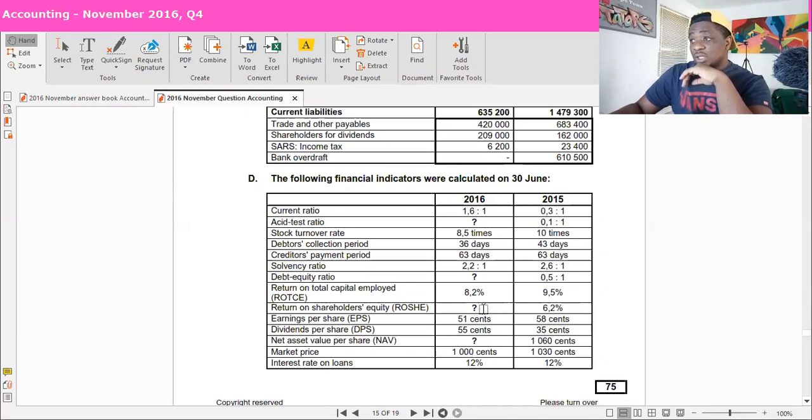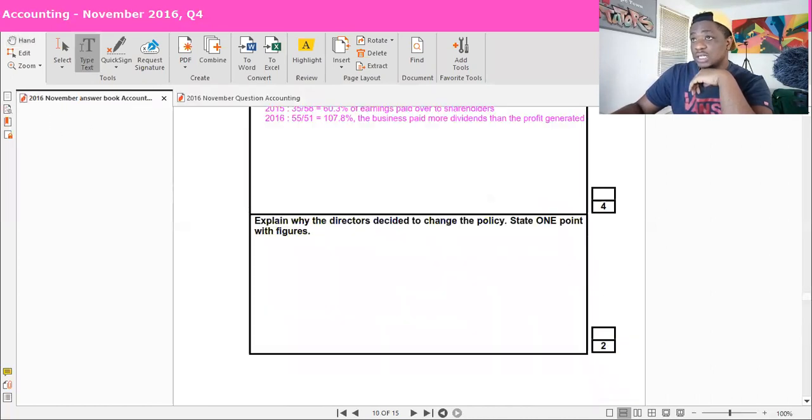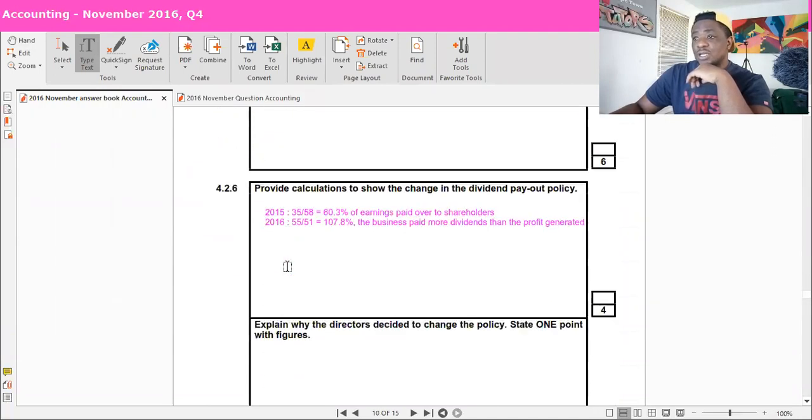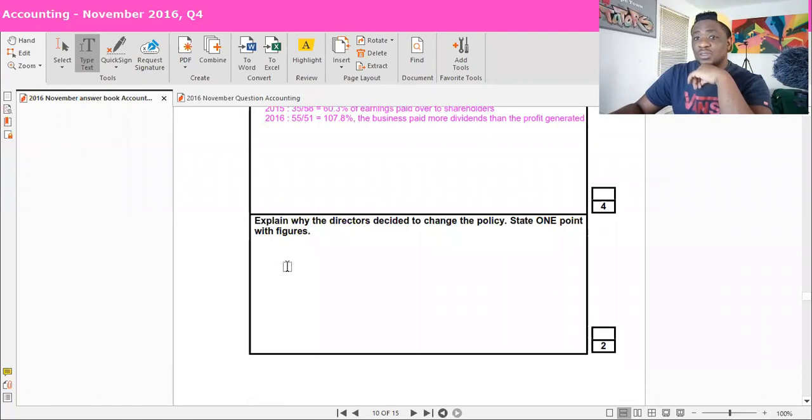And if you look at the return on equity, which we calculated in the previous question, we calculated it as 4.5%. So the return on equity dropped, and also the share price dropped. So in order to compensate shareholders for those losses that they incurred, I think the directors may have decided to pay out more dividends to shareholders.